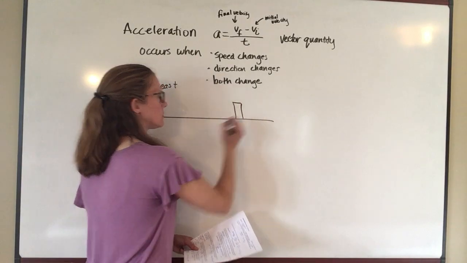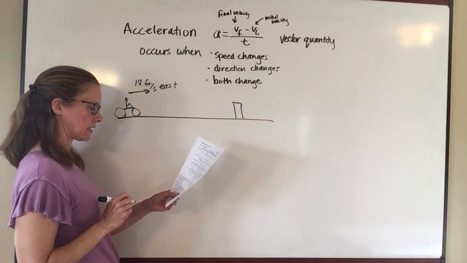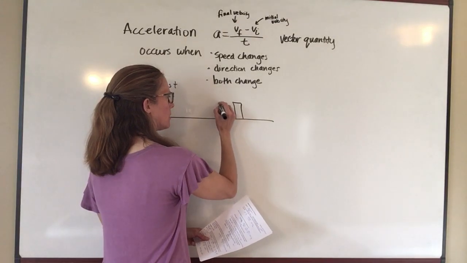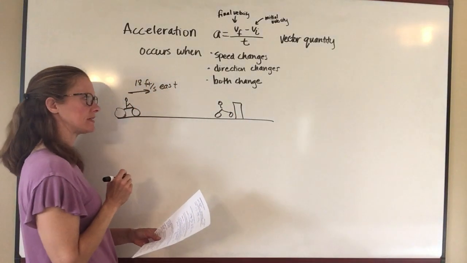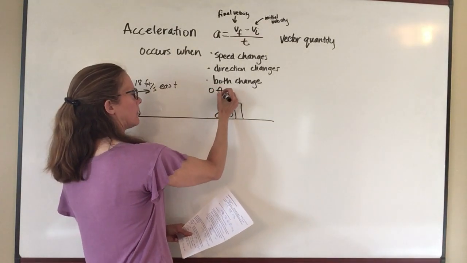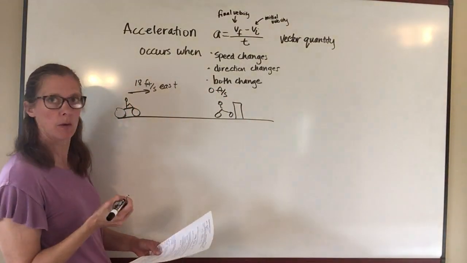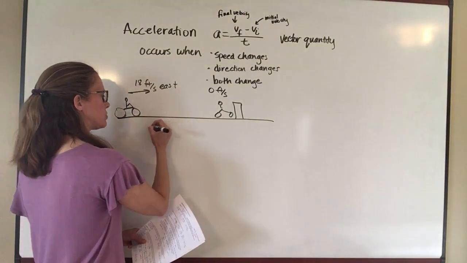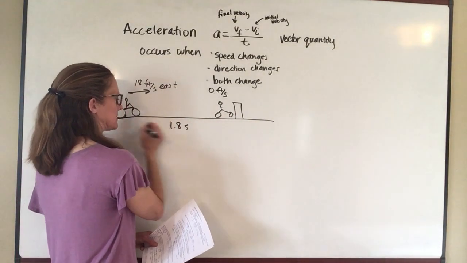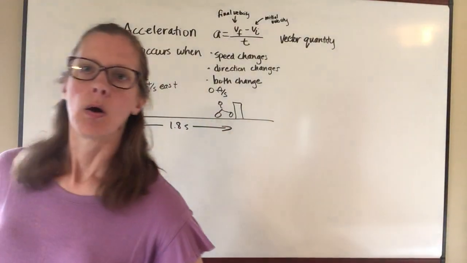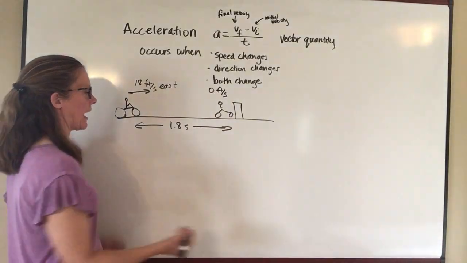There's an obstacle in the road, and he hits the brakes, and so by the time he gets here, he has completely stopped. So here, what's his velocity? Well, it's 0 feet per second. He's not moving anymore because he doesn't want to hit this obstacle. And how long did it take him to do that? It took him 1.8 seconds as he's going from here to here. So what kind of acceleration did he have?